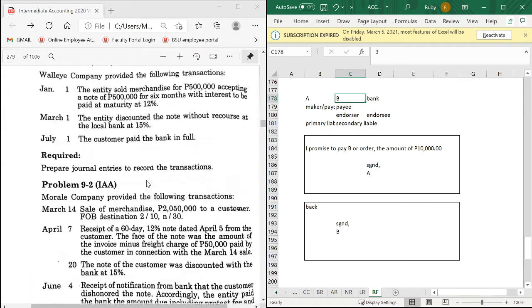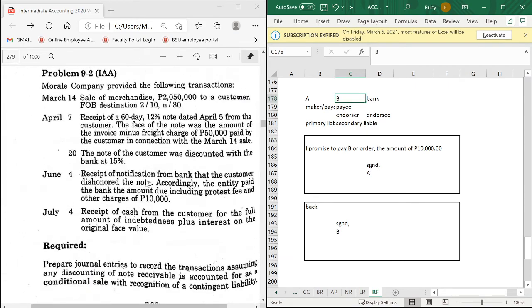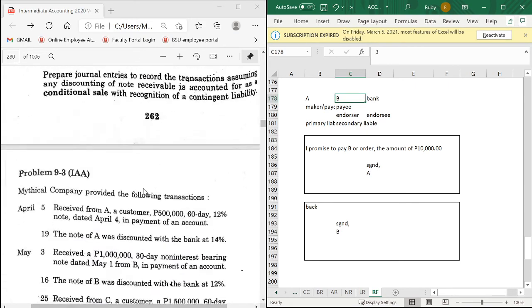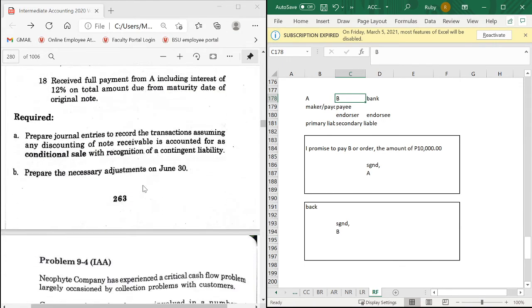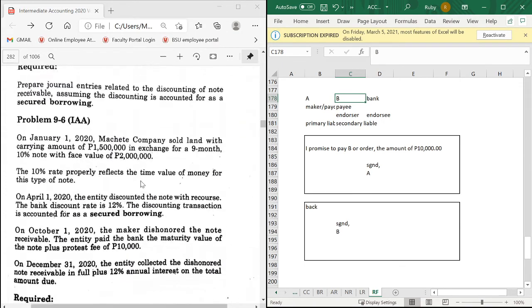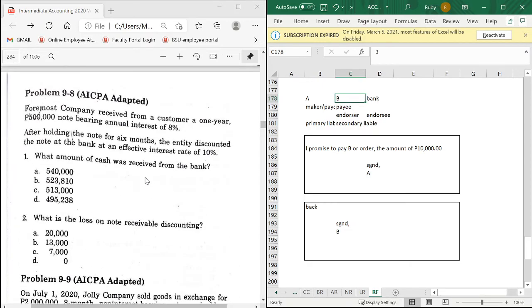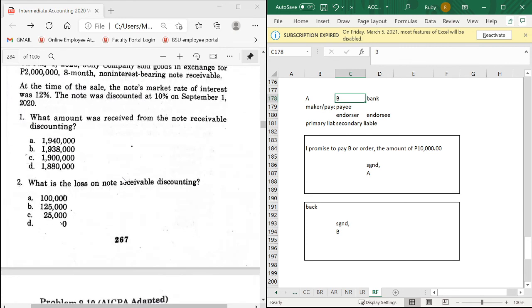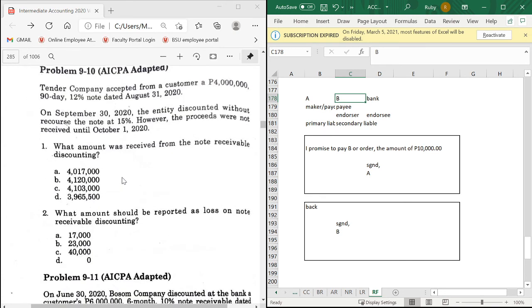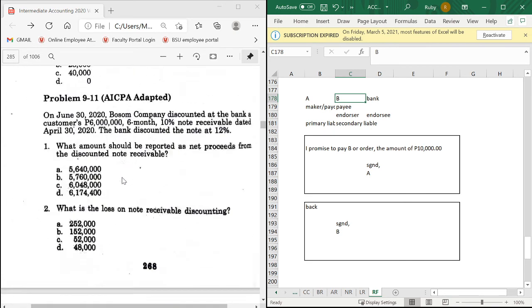Yan, so tapos na. Ang sa problem lang naman, madalas what is the journal entries? Yan ang tanong kapag comprehensive problems. Kapag multiple choices, ang tinatanong is magkano yung cash na receive sa bangko, magkano yung note receivable financing, magkano yung gain or loss.